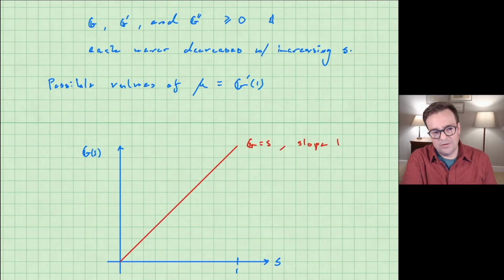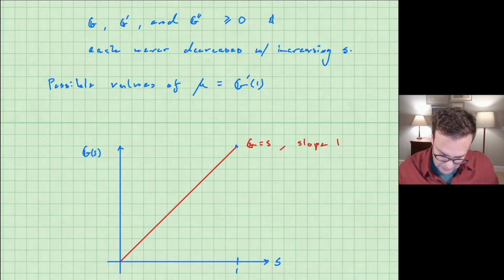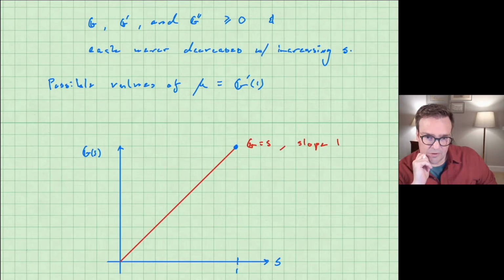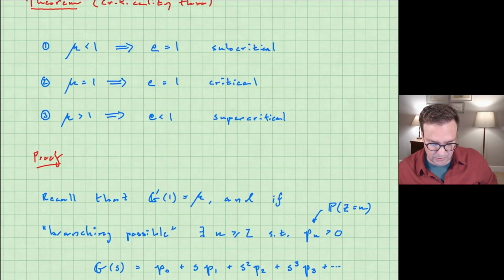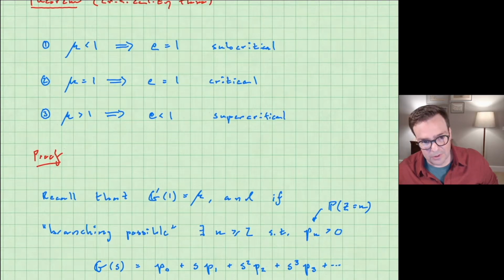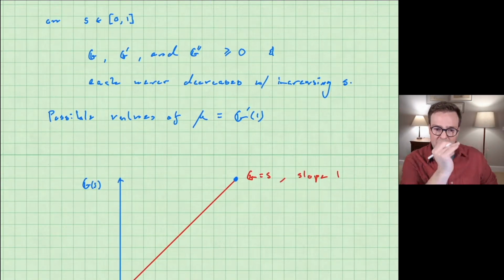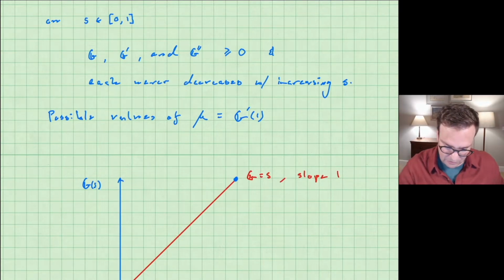So let's think of the different types of values you can have. Case 1 and 2 is where the slope is either smaller than 1 or equal to 1. As you go back to the left, to lower and lower s values, the slope has to get smaller.